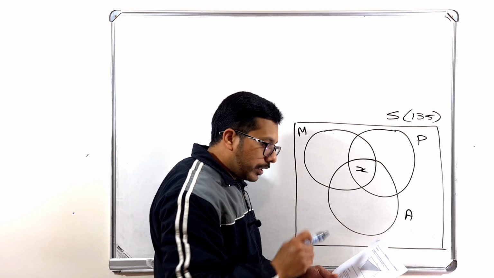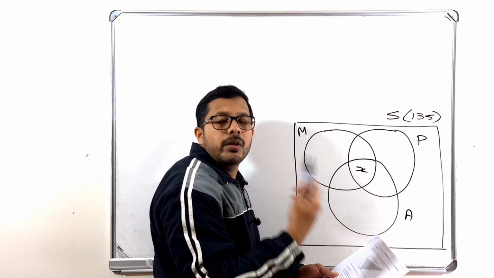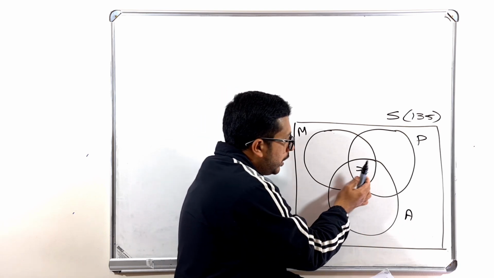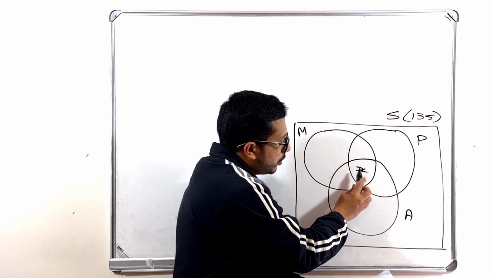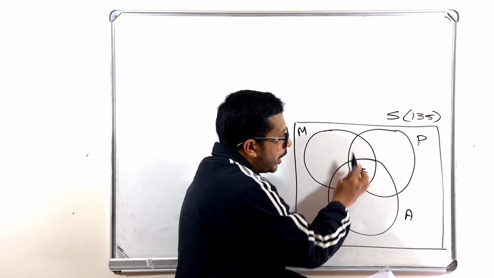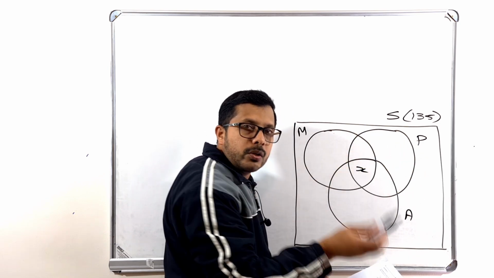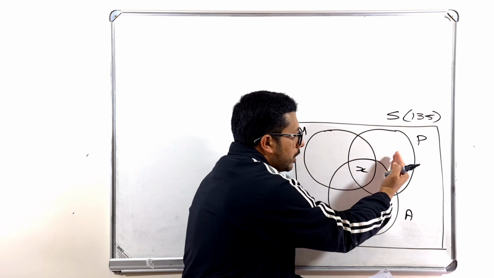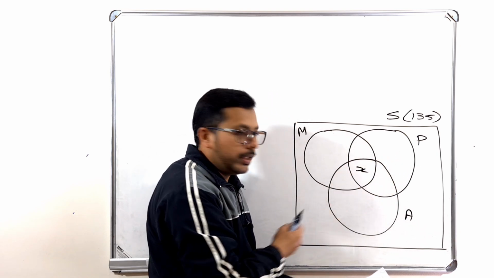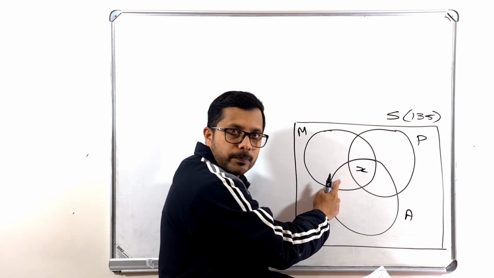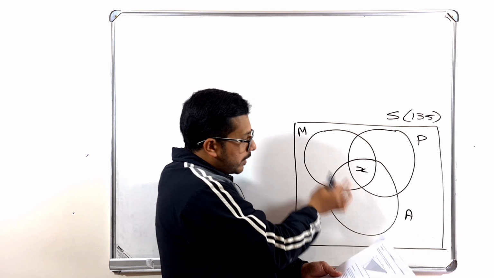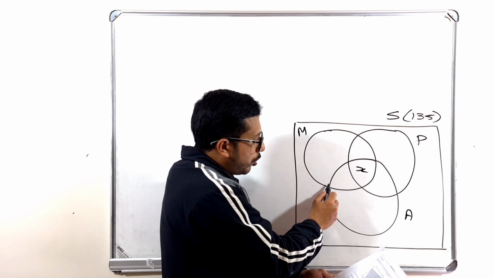But here it is written but not physics. So we can't include this one because this part is a part of physical science. So but not physics means that part is excluded. So what is the remaining part? Only this one. Listen once more. Maths and accounting means what is the common area?